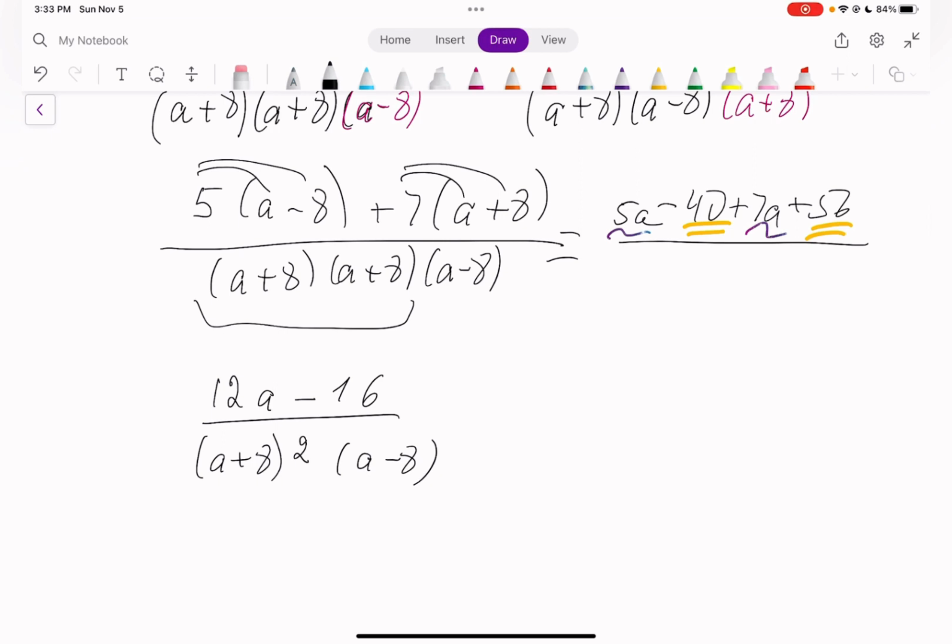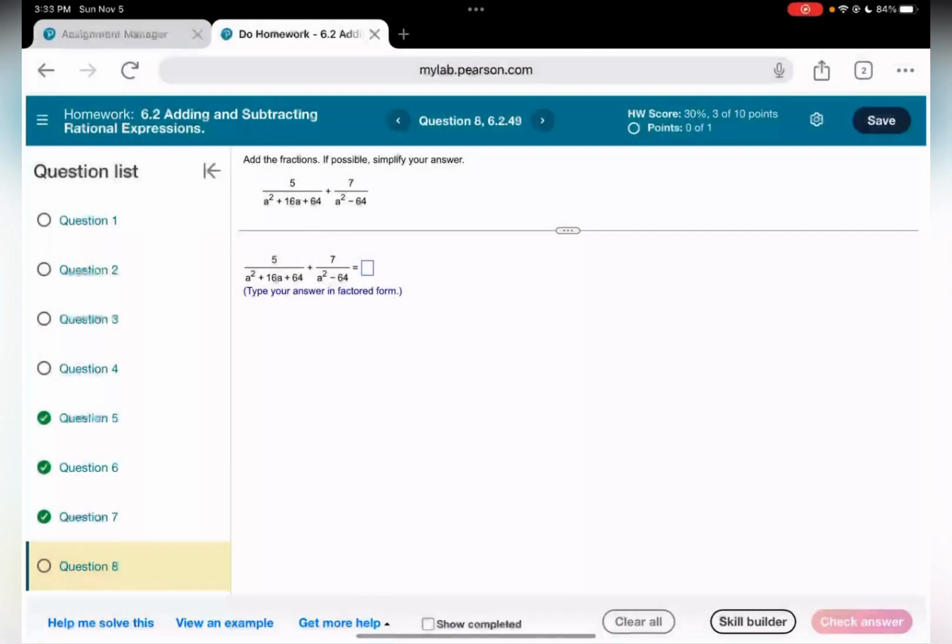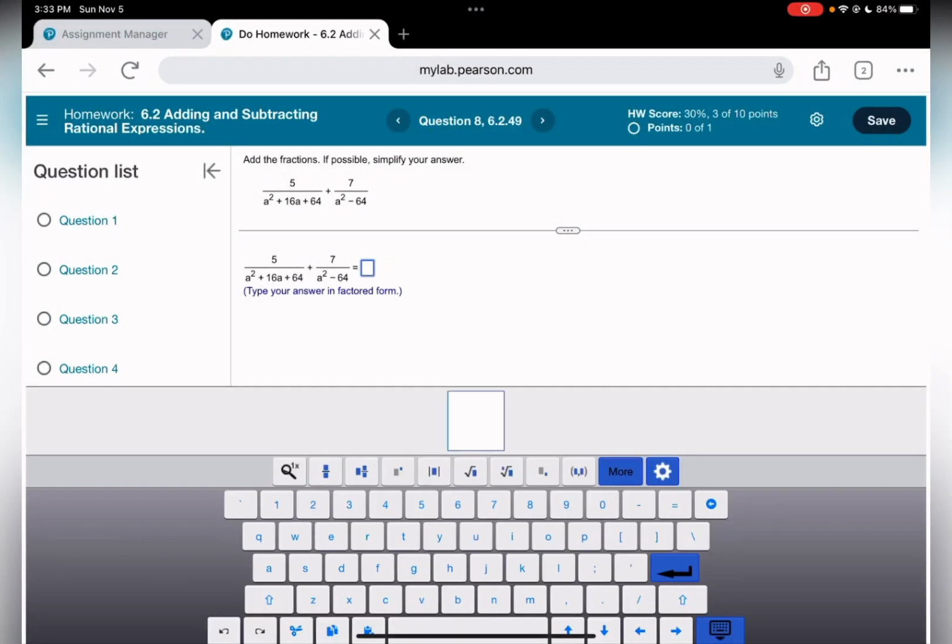So I have here fractional line, 12a minus 16. Here I have parentheses a plus 8, closing parenthesis, another parenthesis.